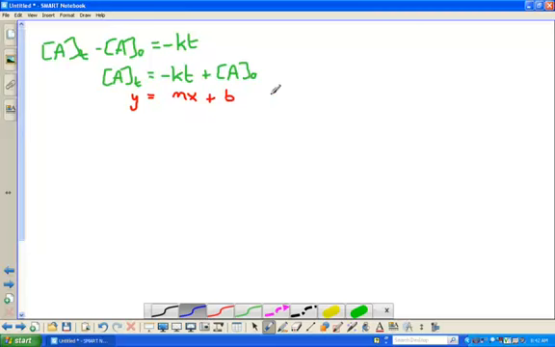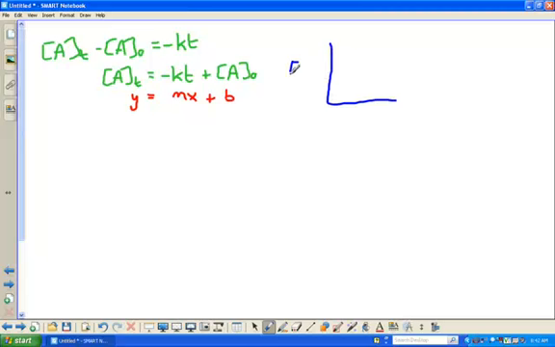Negative, of course, meaning that it would be a negative slope. So for a 0 order reaction, if you plot the concentration at time t over time, and you get a negative slope with a straight line, then that tells you your reaction is zero order if you know nothing else.